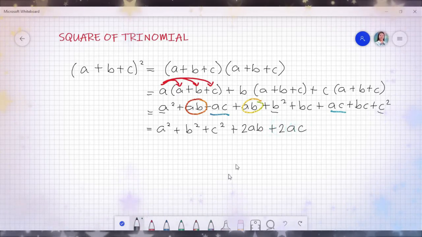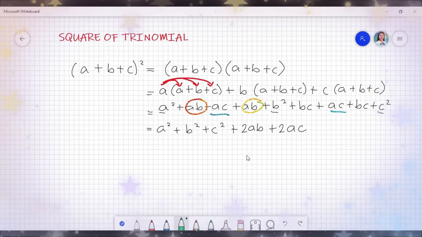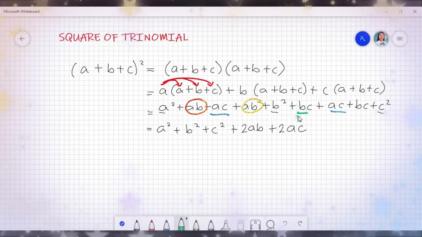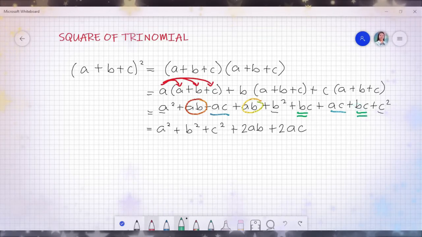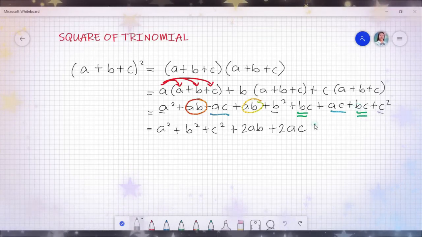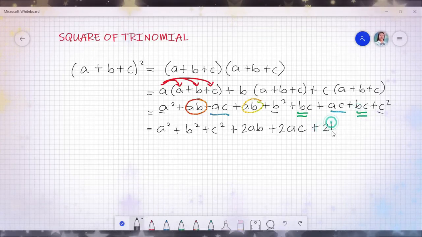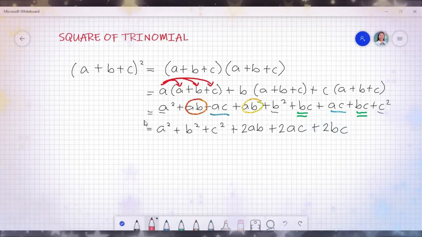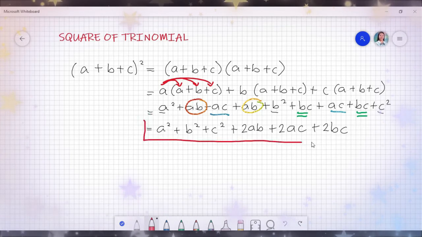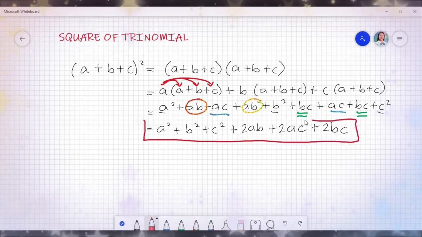And lastly, we're going to combine bc and the other bc here. So bc plus bc will become 2bc. And that's how we get the pattern for square of a trinomial.